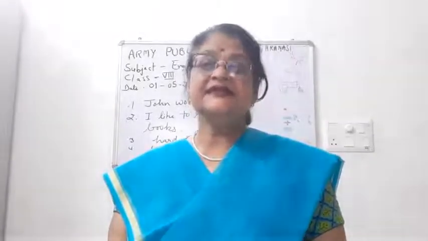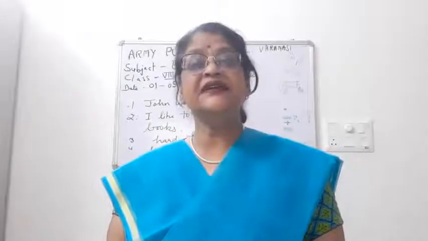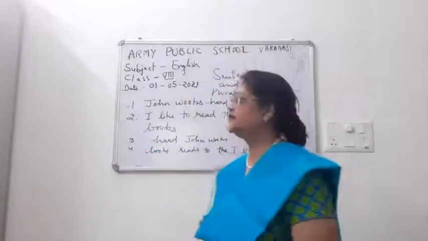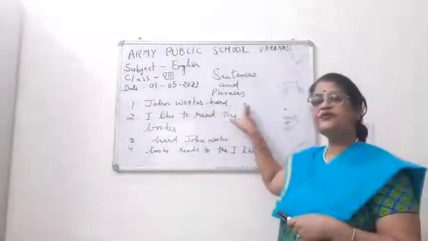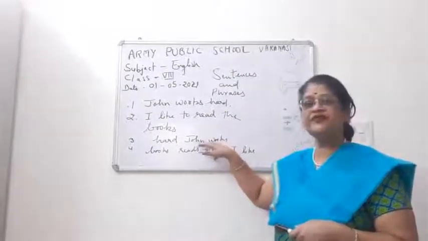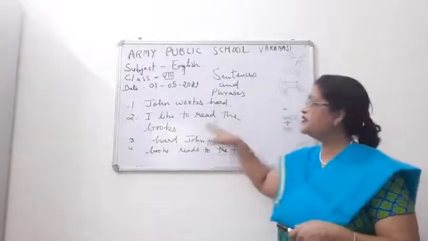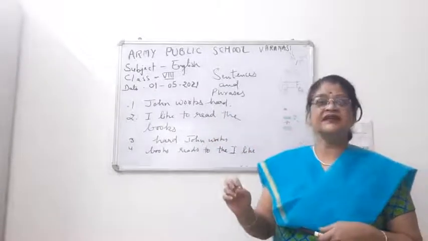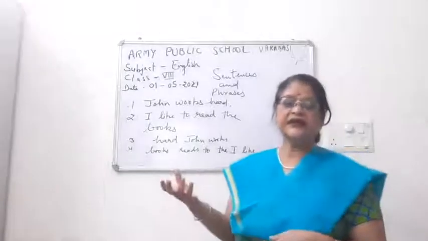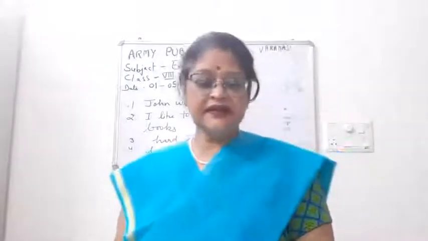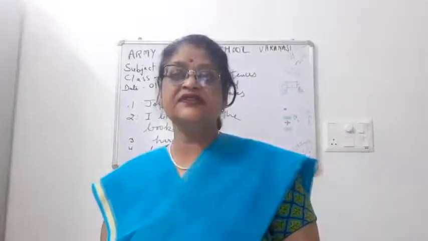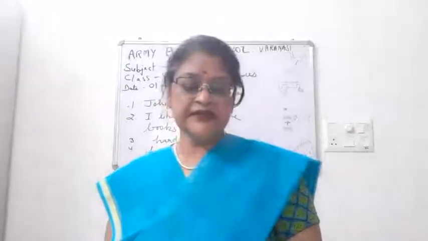A sentence is a group of words that makes complete sense. The first is a group of words, the second, third and fourth are also groups of words. But the first and second make a complete sense, while the third and fourth do not.